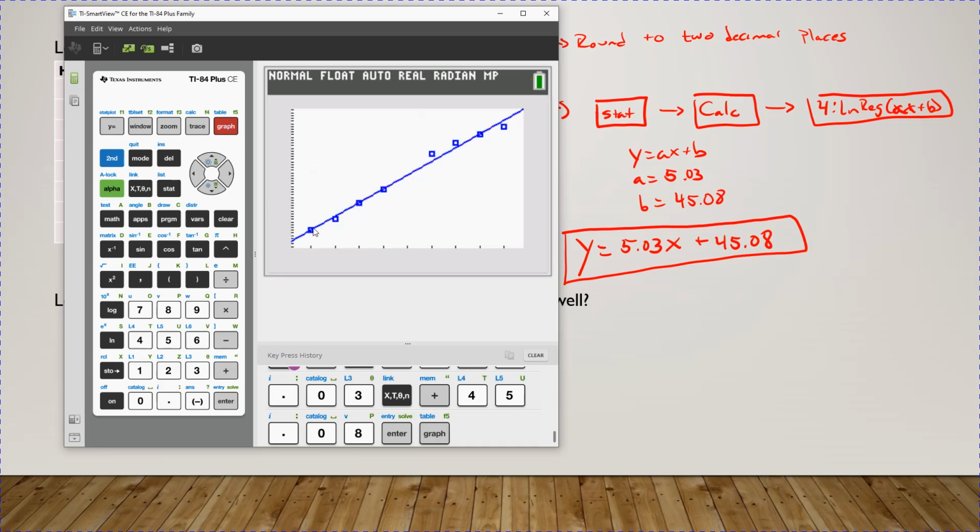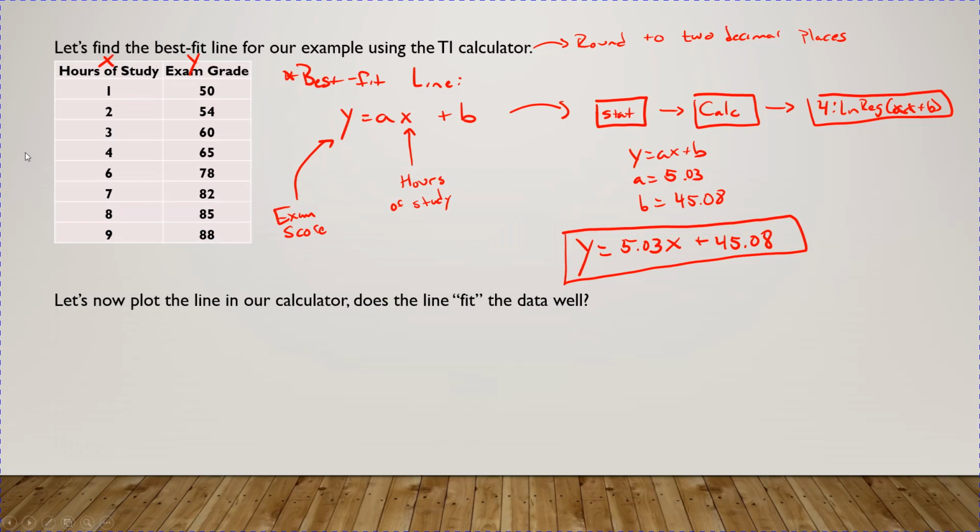It puts the line right through the data, okay? And you can see, like, look how well this line models the data or goes through it. So it models it really, really well, okay? So yes, the equation y is equal to 5.03x plus 45.08 does fit the data well.